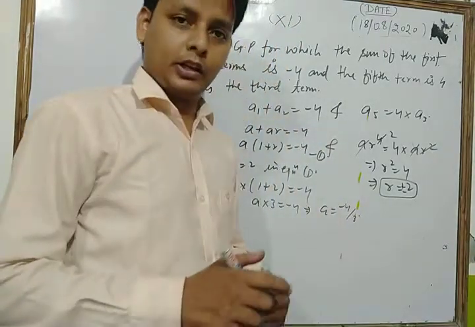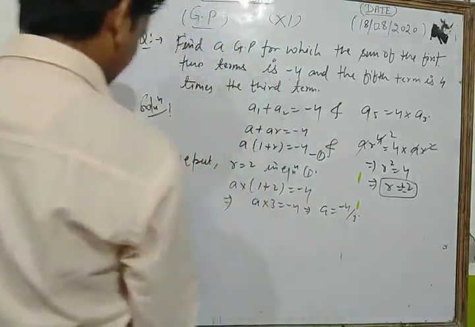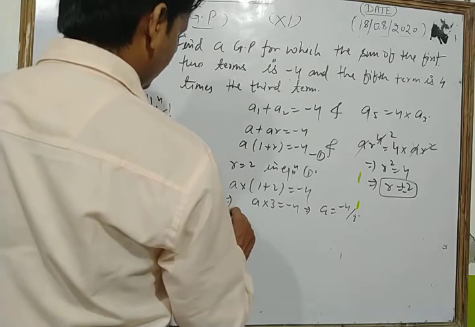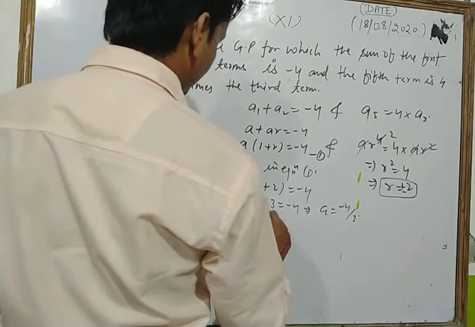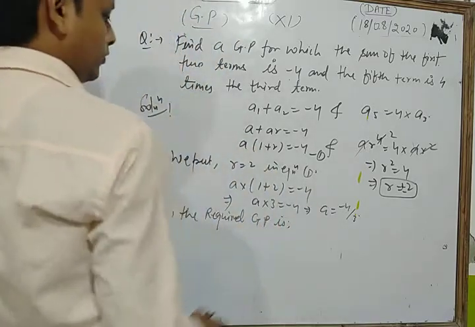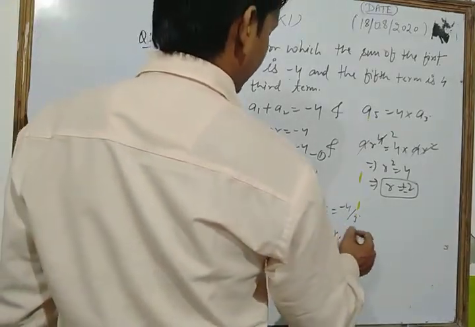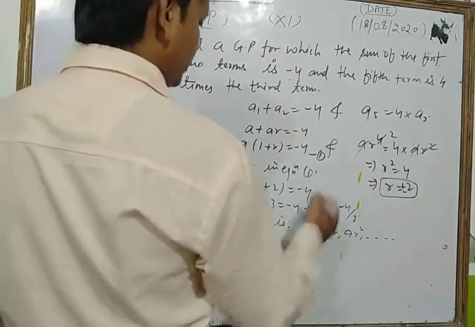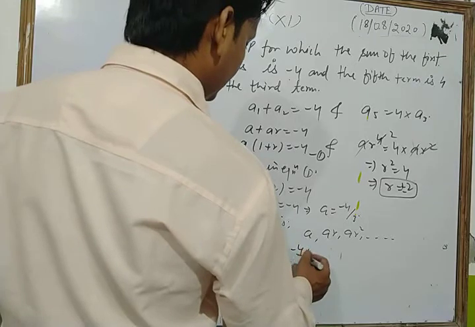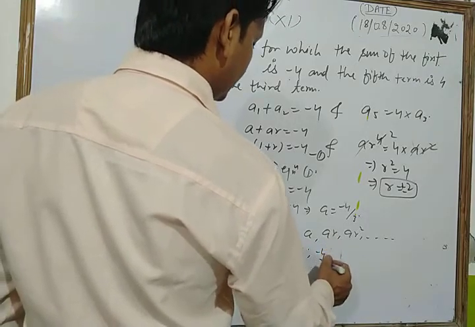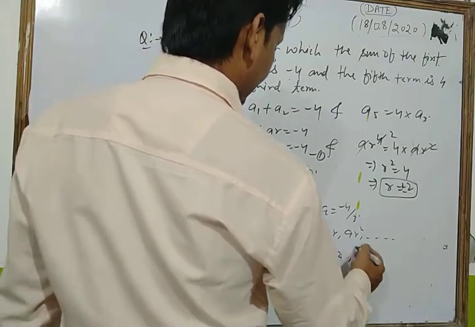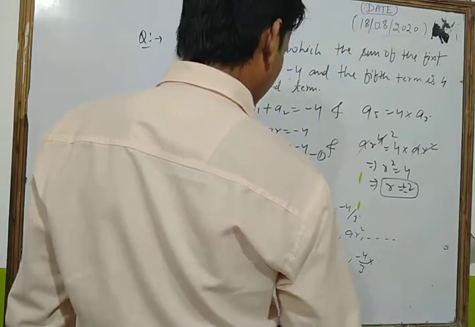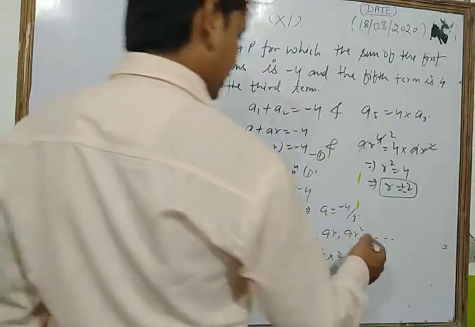Now the required GP is a, ar, ar^2, and so on. The value of a is -4/3, ar is -4/3 into 2, and ar^2 is -4/3 into 2^2, which is 4.